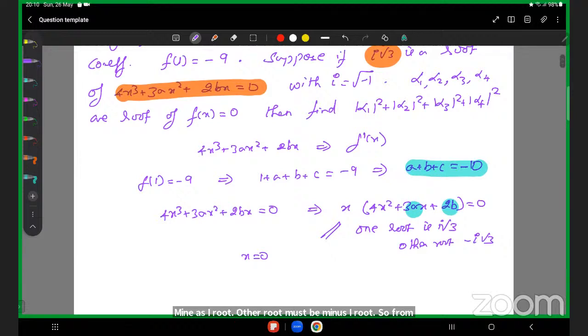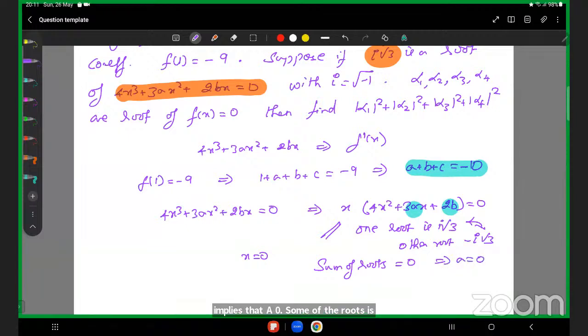So from here we can find that the sum of the roots must be 0, because i root 3 plus minus i root 3, these are conjugate pairs of each other, and the sum of these two becomes 0. Sum of the roots is 0 implies a is 0.